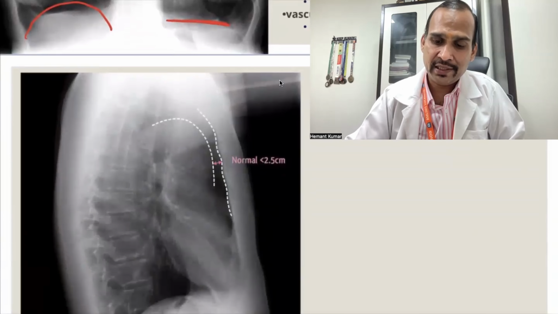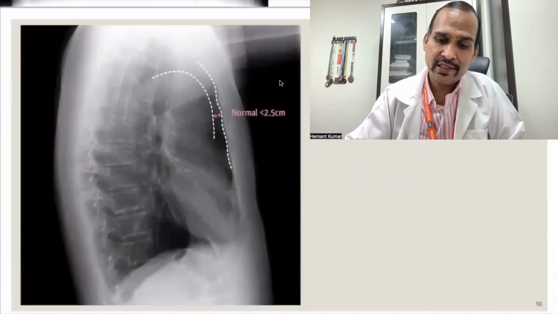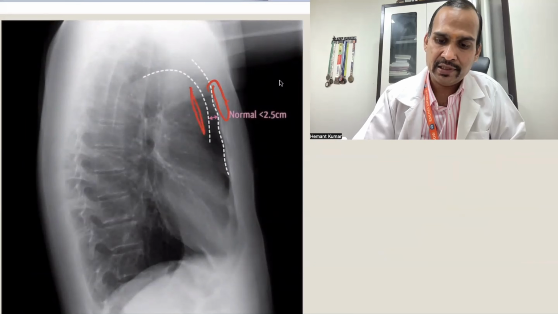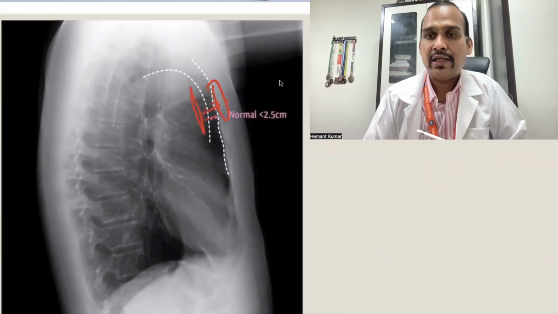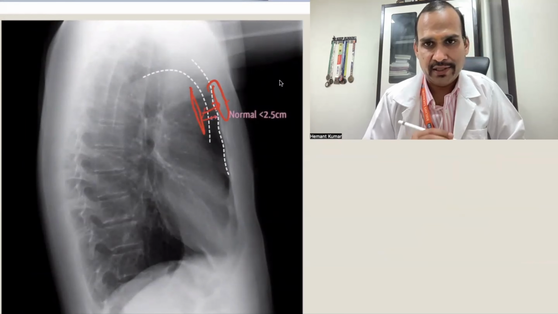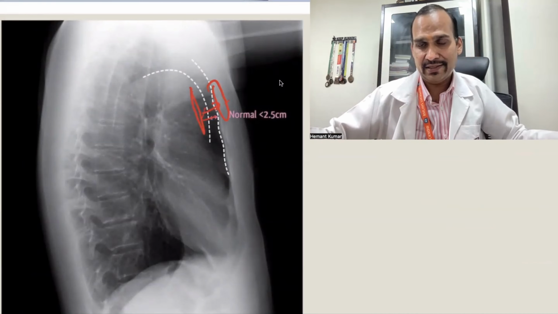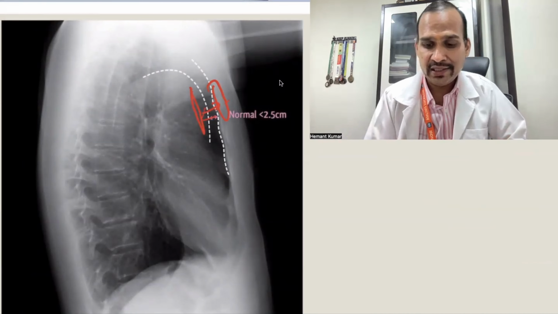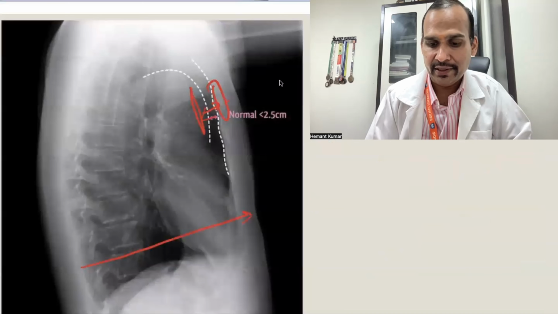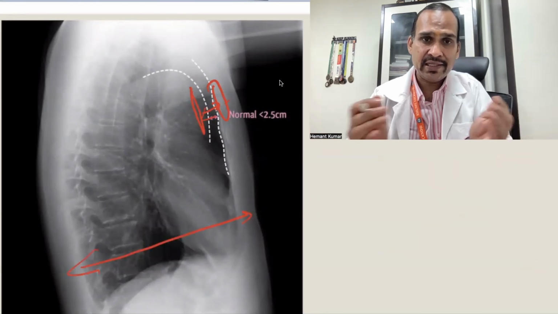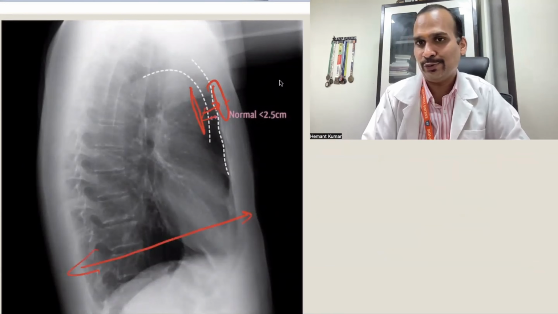So you can appreciate this in the lateral X-ray. In the lateral X-ray, this is the retrosternal area. The area between the ascending aorta and sternum is the retrosternal space. In case of emphysema, it gets increased because there is increased AP diameter, so the retrosternal space is also increased.